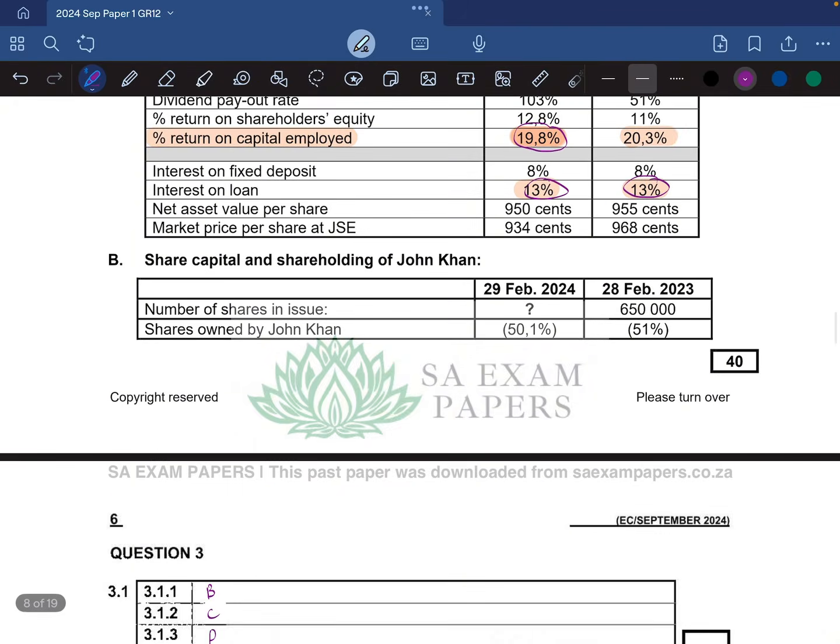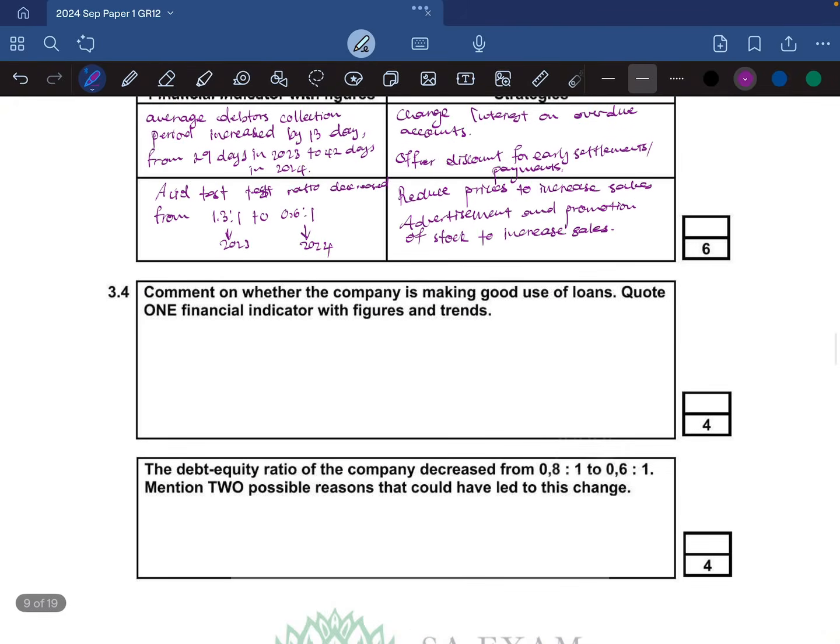Now we are going to look at 3.4. So the percentage return on capital employed decreased. We know it decreased from 20%.